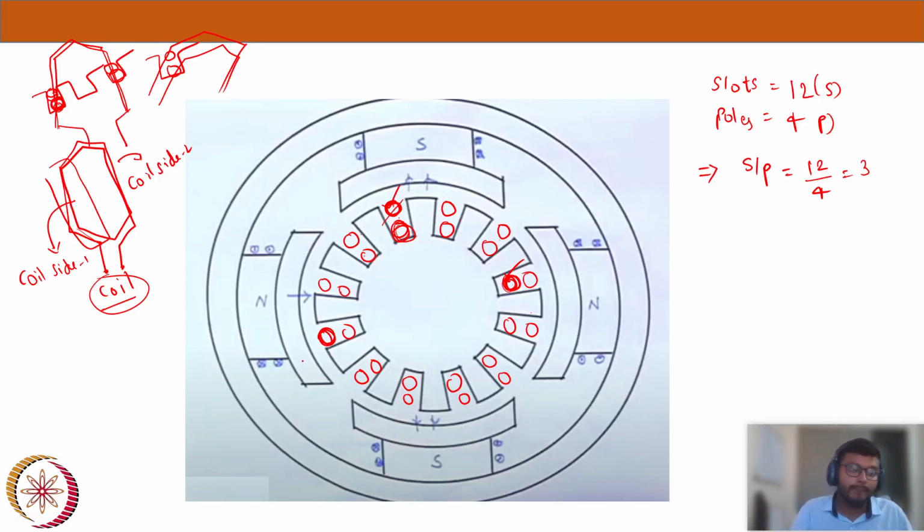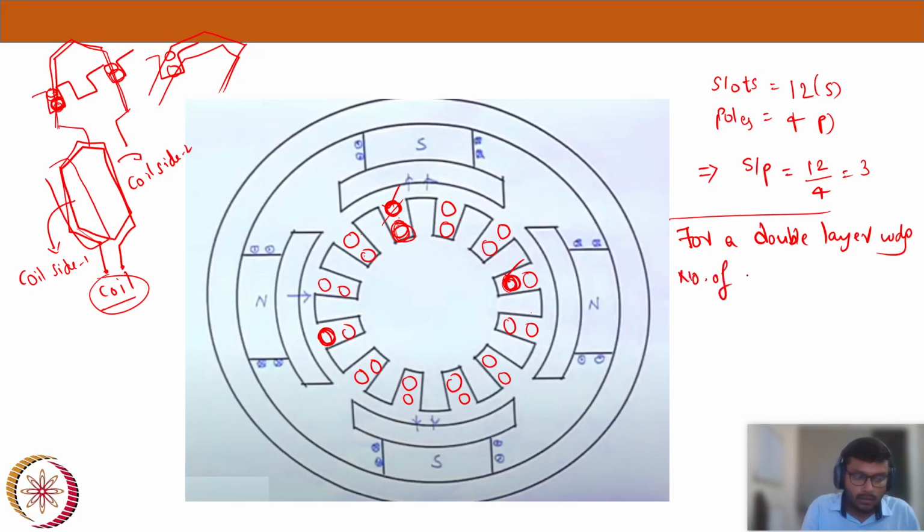If you count like that, the total number of coils you will get is 12, which is equal to the number of slots. Since it's a double layer winding, the number of coils equals the number of slots.